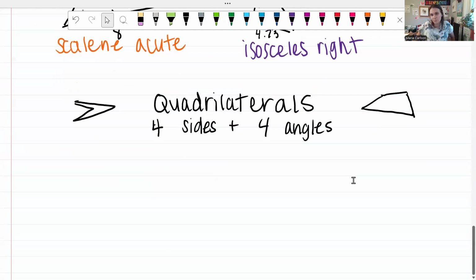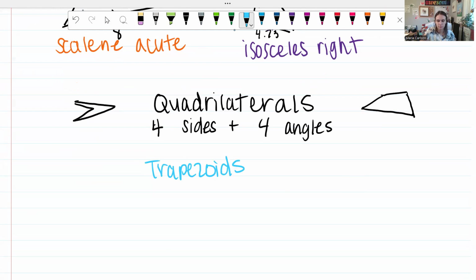Now we can get more specific. Next, we have trapezoids. I'm gonna actually do blue. And trapezoids have at least one pair of parallel sides.